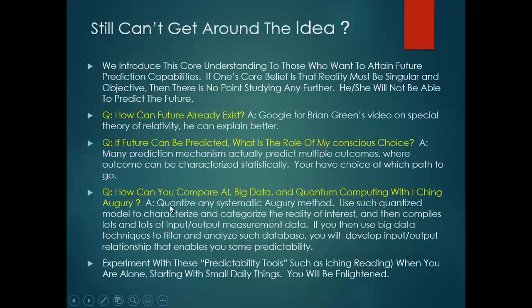So specifically, we can quantize any systematic algorithm method. Use such a quantized model to characterize and categorize the reality of interest, and then compile lots and lots of input and output measurement data. If you use big data techniques to filter through this measurement data and analyze your database, you will develop an input-output relationship that enables some kind of predictability.